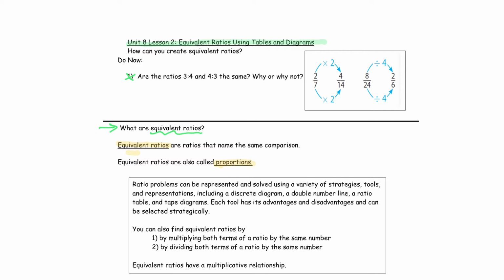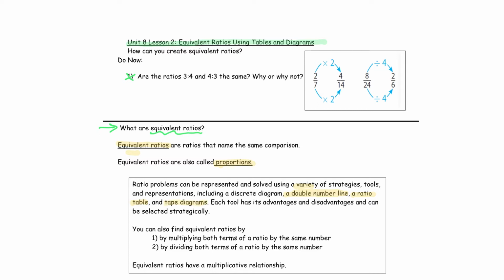Okay, let's keep going. Ratio problems can be represented and solved using a variety of strategies, tools, and representations, including a discrete diagram, a double number line. Highlight that because that's something we're going to be using, which is really awesome. A ratio table, which we're going to be using, and even tape diagrams.